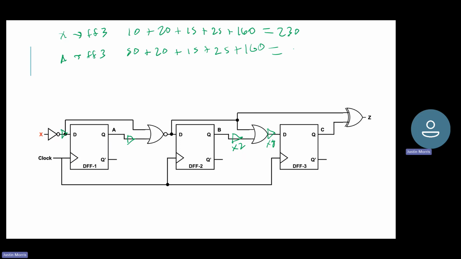It's not 350. That's too large. 310. Okay, 40, right? So this is 200, 270, right? Yeah. So our new minimum clock period is 270.